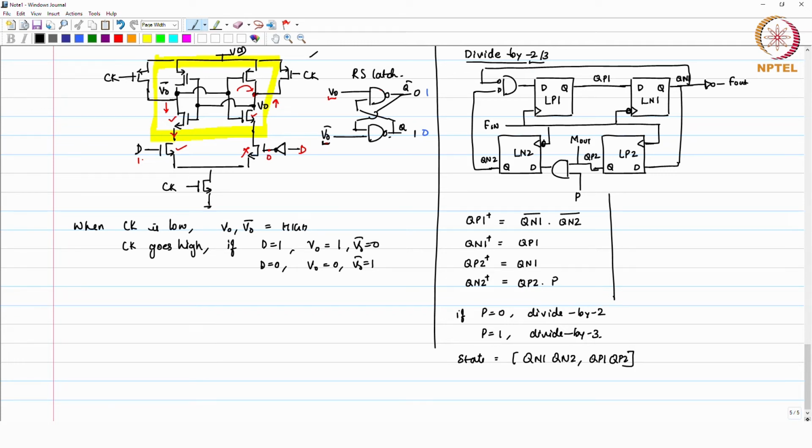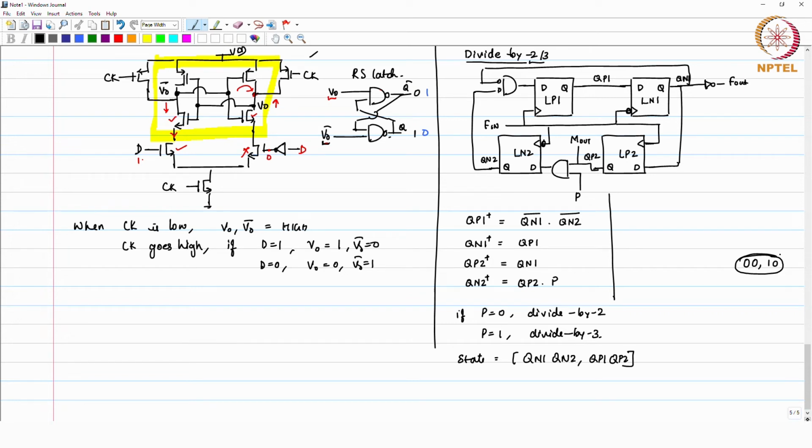So, we start with, let us say, Qn1 is 0, which is here, and Qn2 is also 0. This is just like the initial state, you can also fix that in the beginning. Qn1 is 0, Qn2 is 0, which says that Qp1 can be 1 and Qp2 is going to be 0. So, this is the initial state.